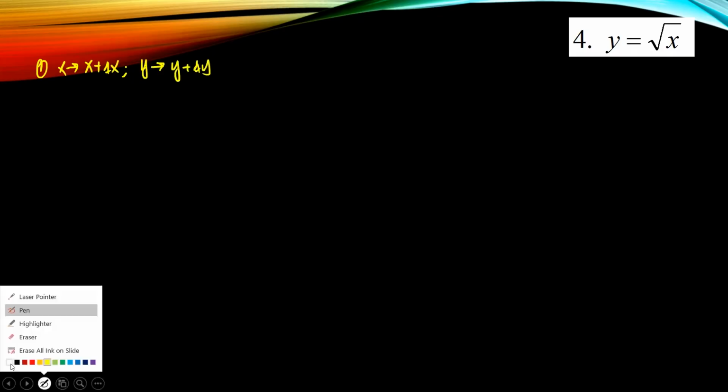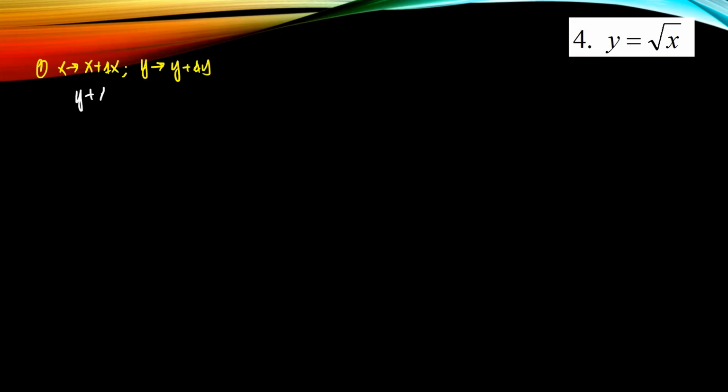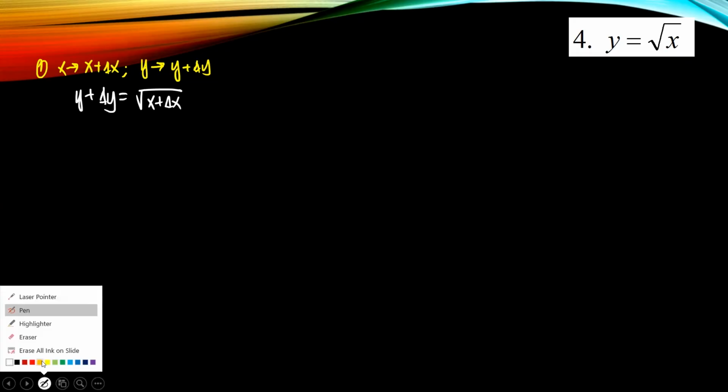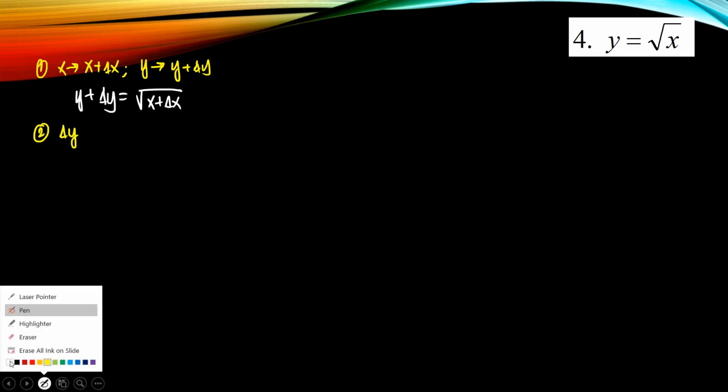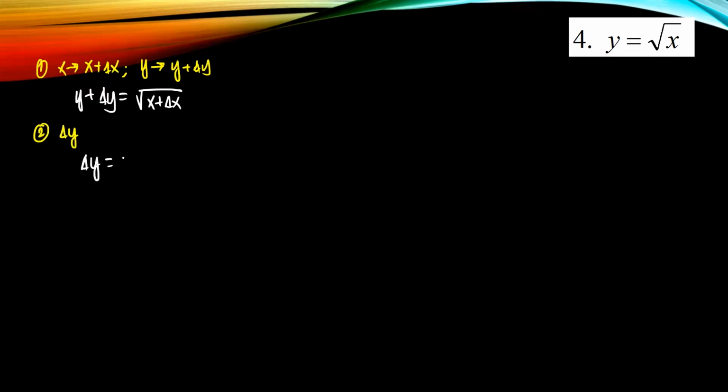Okay, so let's go to example number 4. Okay, step number 1 again. X to x plus delta x. Y to y plus delta y. So y plus delta y is basically square root of x plus delta x. Okay, wala na tayong magagawa. Let's go to step number 2. Isolate delta y. Therefore, delta y is basically square root of x plus delta x minus the square root of x.